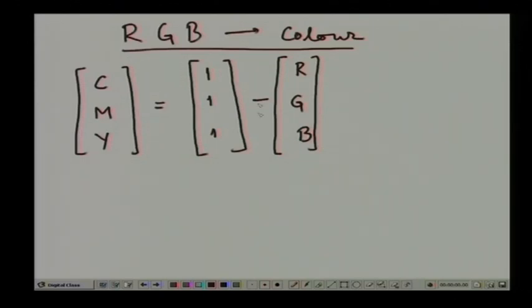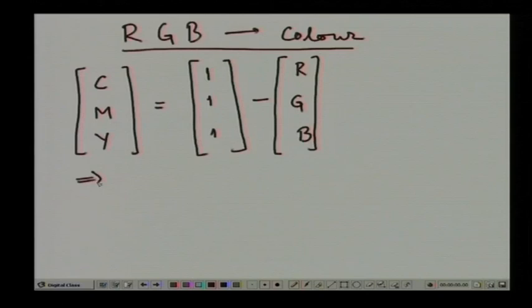As we said earlier, equal amounts of cyan, magenta and yellow should give us black color. If we mix these three pigment primaries in equal proportion, we should get black. But in practice what we get is not a pure black, but a muddy black. To take care of this problem, along with C, M and Y, another component is also specified, which is the black component.